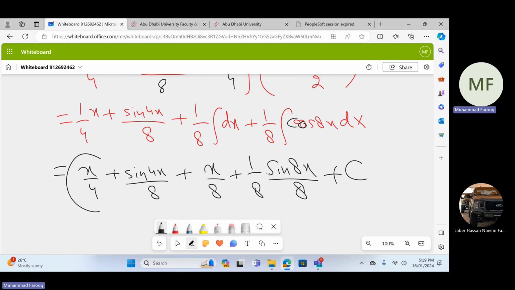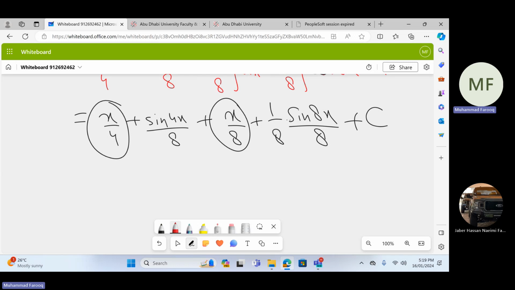Now, this and this are the same. Combine them. It is 2x by 8. And 8 times 8? 64. Look at here, this x by 4 and x by 8. Times 2 here, times 2 here. So 2x plus 1x, 3x over 8, plus sine 4x over 8, and plus sine 8x divided by 64.